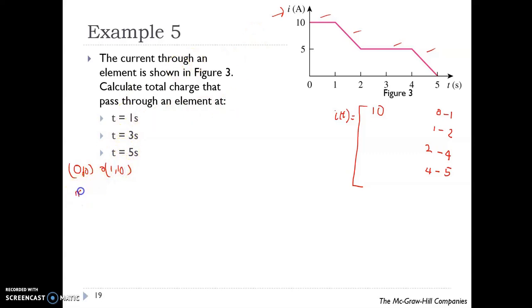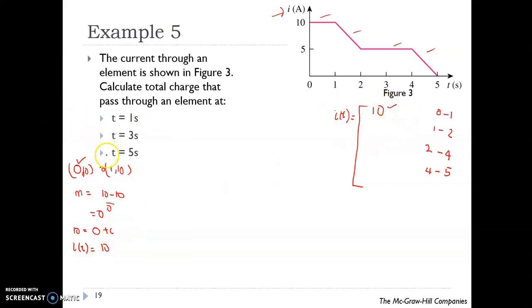Your m is equal to 10 minus 10 over 1, so this one is equal to 0. And then for y equals mx plus c, if you take this line, 10 equals m times x, which is 0, plus c. So your c is 10. Rewriting, your I of t in this case is equal to 0x plus 10, which is equal to this one.